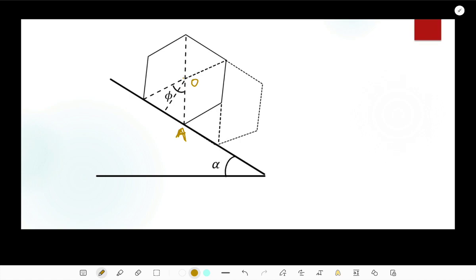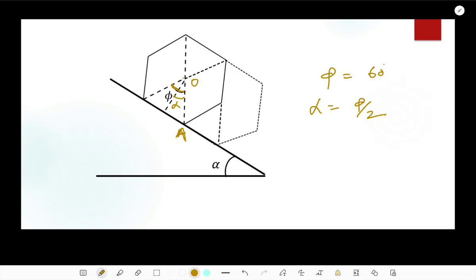And I guess in this case, this angle, since it is a regular hexagon, phi is simply 60 degree, pi by 3, whatever you wish to write. And in this situation, when the inclined plane has been tilted up, this angle is going to be alpha, and this is pi by 2, because we are dealing with equilateral triangles.